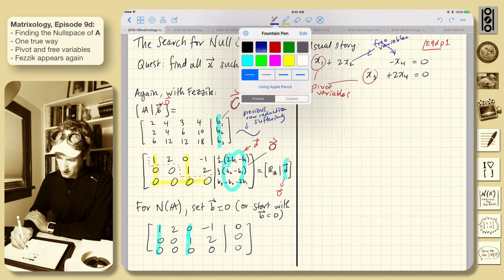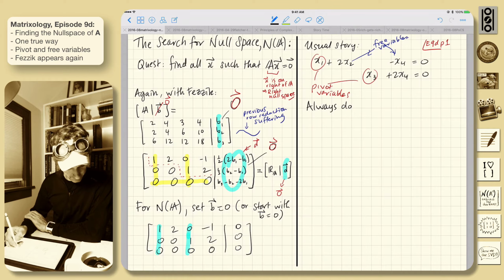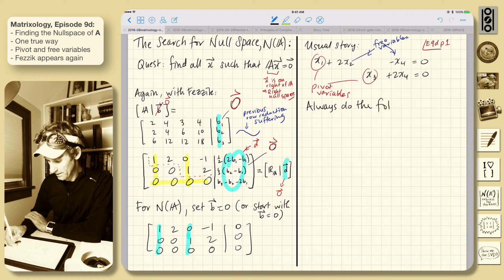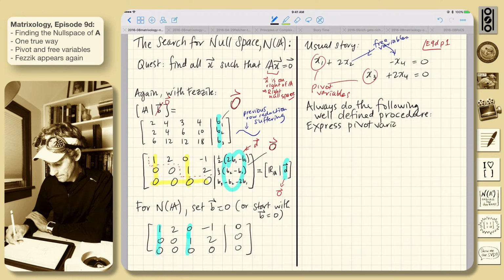Let me write these words down. Always do the following, a well-defined procedure. Express the pivot variables, the dependent variables, in terms of the free variables.